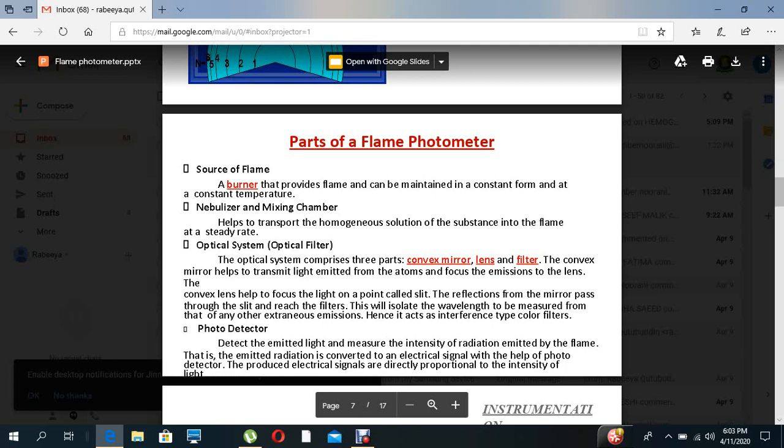What happens here is that these filters block all other wavelengths except for that of the atom being studied. Therefore, they allow us to measure the intensity of the specific wavelength associated with a certain atom.